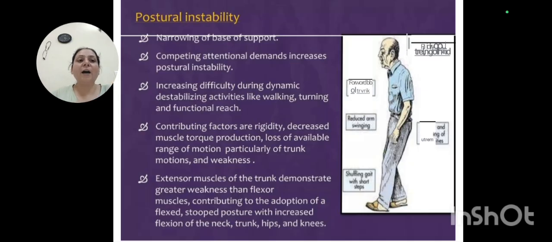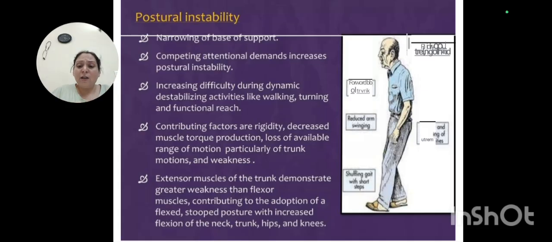Herein what happens is that it falls far ahead. So in order to bring it back to the S2 vertebra, the person starts leaning further forward and starts having a short stepping gait. This is also called shuffling gait or short stepping gait. The stride length of the person decreases. He takes very small steps in order to bring the center of mass back to the S2 vertebra.